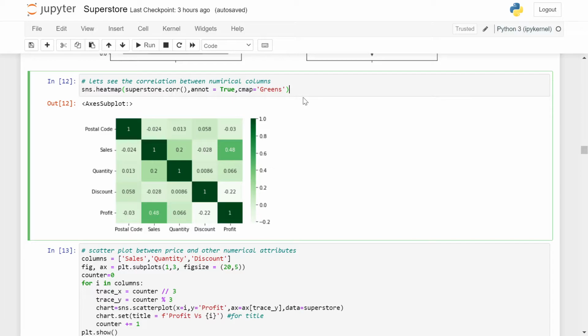So although this correlation is not so high, we can say if discount is increased, the profit will decrease. And between profit and sales the correlation is 0.42, so not so strongly correlated, but some sort of correlation is present between profit and sales.